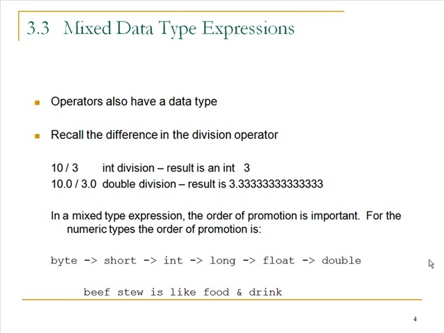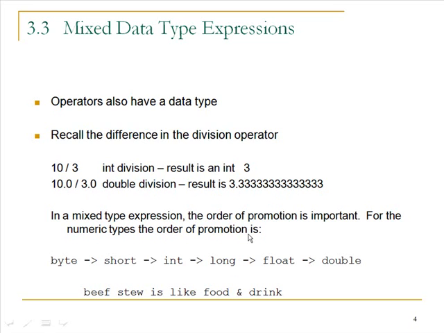So the operator has a data type. The divide in the first one has an int data type, and the divide in the second one has a double data type, and that means that the result of the division is also going to be different. So 10 divided by 3 in int is 3, and 10.0 divided by 3.0 is this 3.3 repeating number.